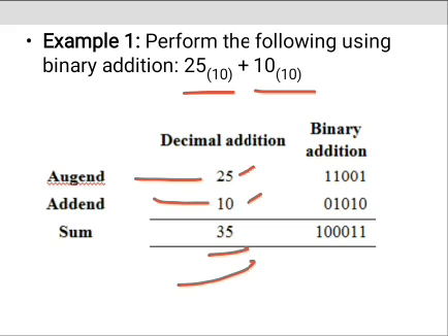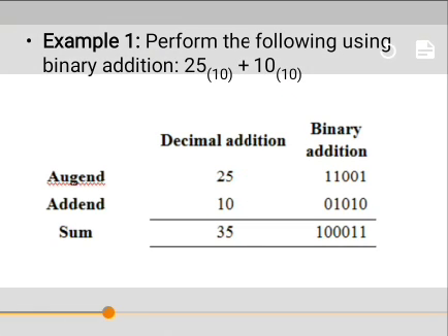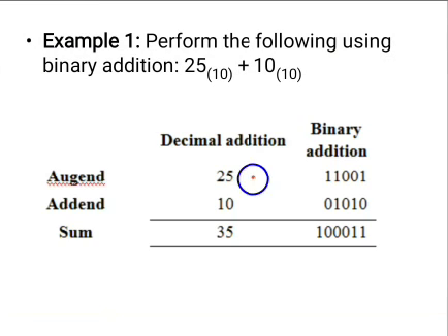So 25 plus 10, sum equals 35. The binary equivalent of 25 is 11001. The binary equivalent of 10 is 01010.